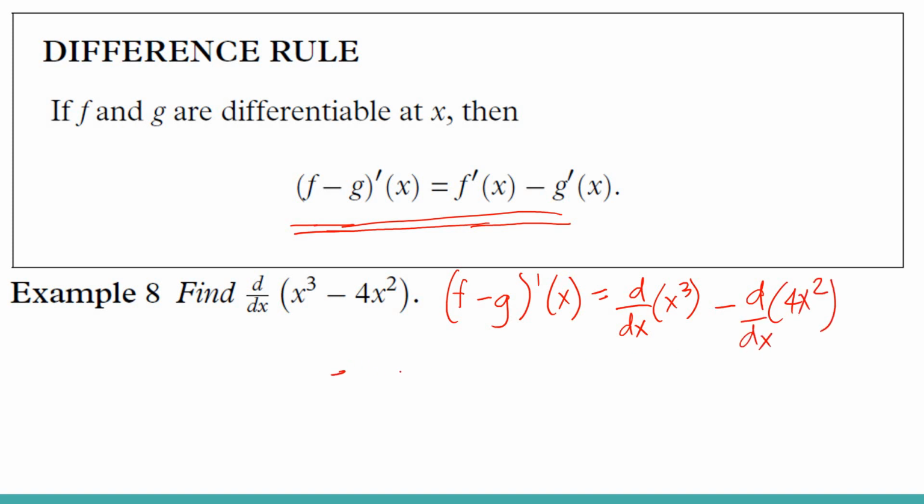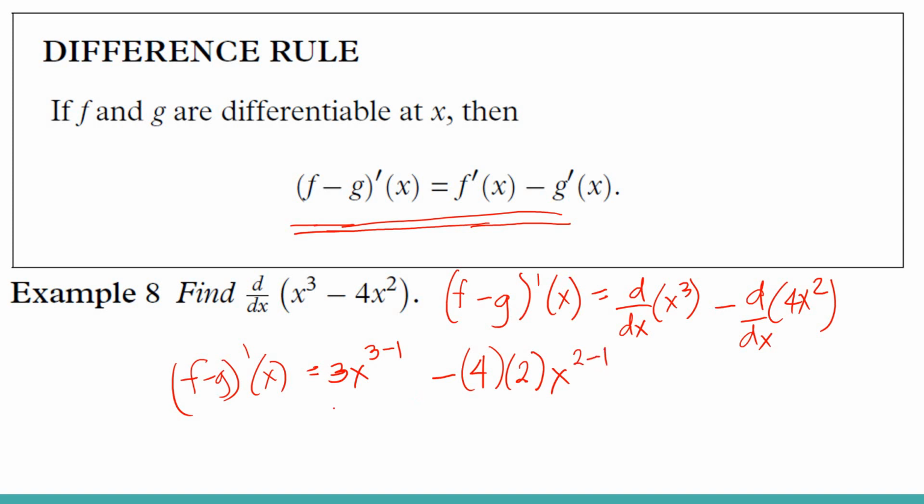So I will write f minus g prime of x equals 3x raised to the power of 3 minus 1, minus 4 times 2x raised to the power of 2 minus 1.